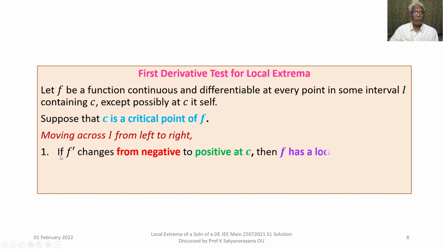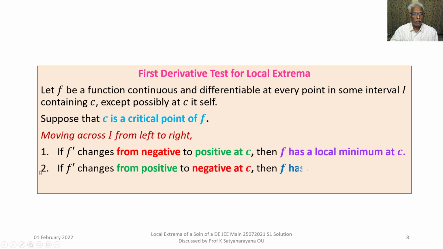1. If f prime changes from negative to positive at c, then f has a local minimum at c. Now, second one, if f prime changes from positive to negative at c, then f has a local maximum at c. 3.